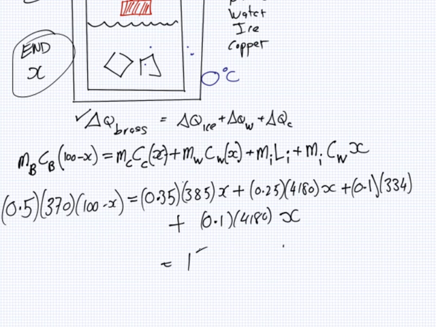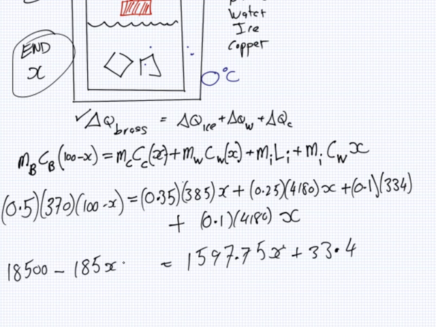So on the right I get 1597.75x plus 33.4, and on the left I get 18500 minus 185x. Six point six equals 1782.75x.